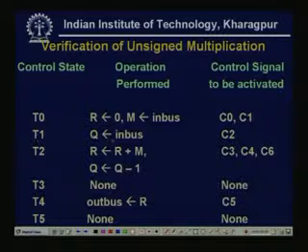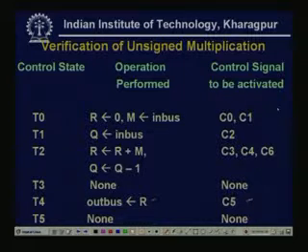At T1 state, Q is inverse, and then C2 is high. T2, R is R plus M, Q is Q minus 1, C3, C4, C6, these 3 will be high. Then T3 none, T4 R goes to out bus, means the result goes as an output, and then C5 is high. T5 means the multiplication is completed and nothing could be done. So, none, none. So, these are the control signals to be activated.